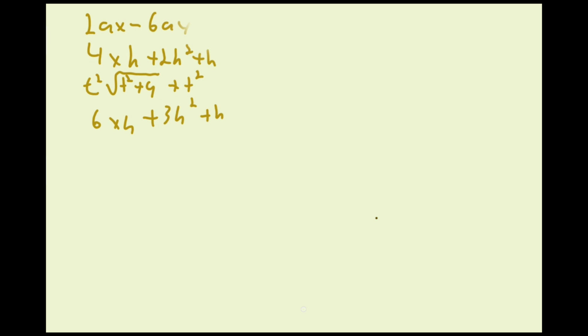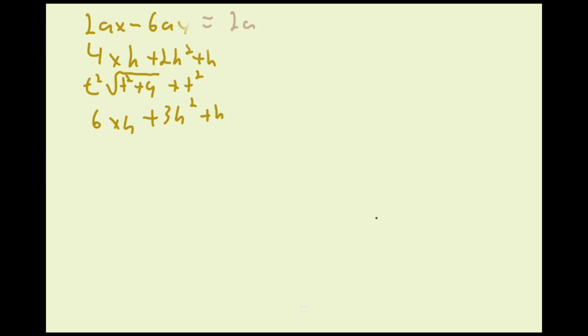So now that we have practice problems, let's get the show on the road. So what do all of these share? We have 2ax minus 6ay. You might notice 2a can be divided from both sides. So we're going to do that.